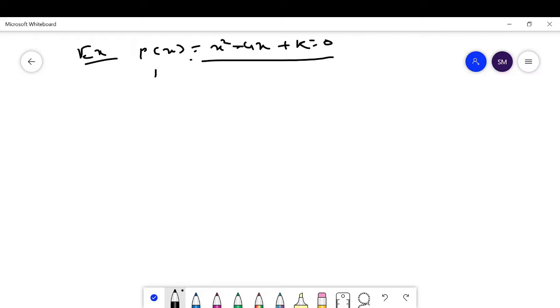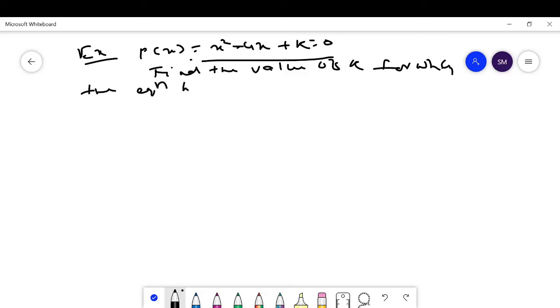Then we have to find the value of k for which the equation has real and distinct roots.